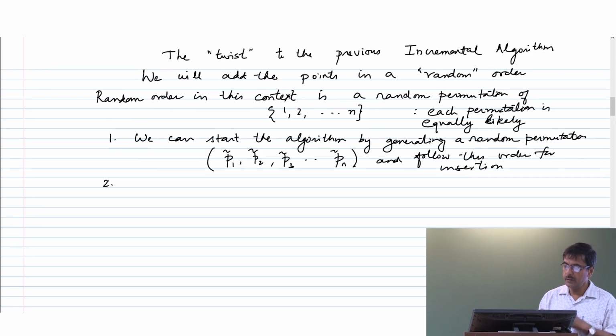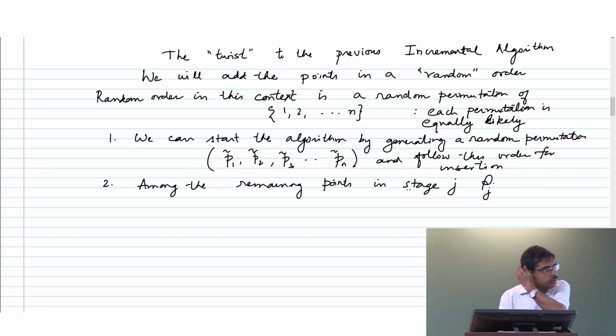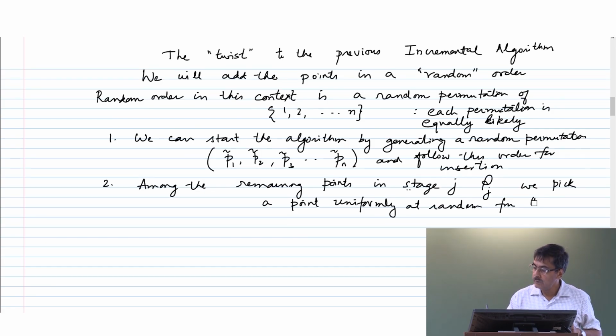Or we could also think about it like this: among the remaining points in phase or stage j, so we have this stage j, right, the first j points are added, we pick a point uniformly at random from the initial set of points minus Pj.